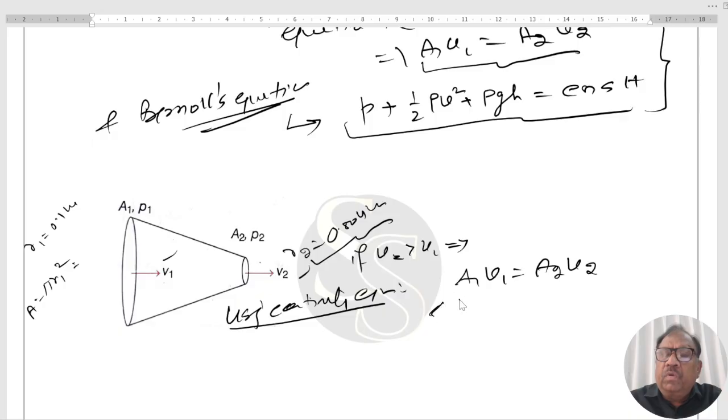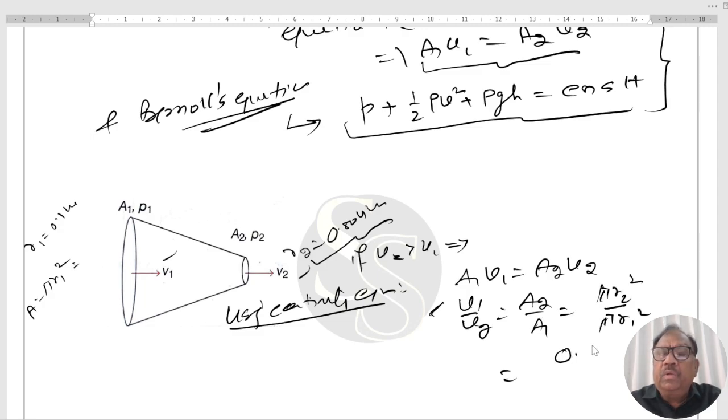V1 over V2 equal to A2 over A1. That is pi R2 square upon pi R1 square. On simplification, pi goes, R2 is 0.004 divided by 0.1.